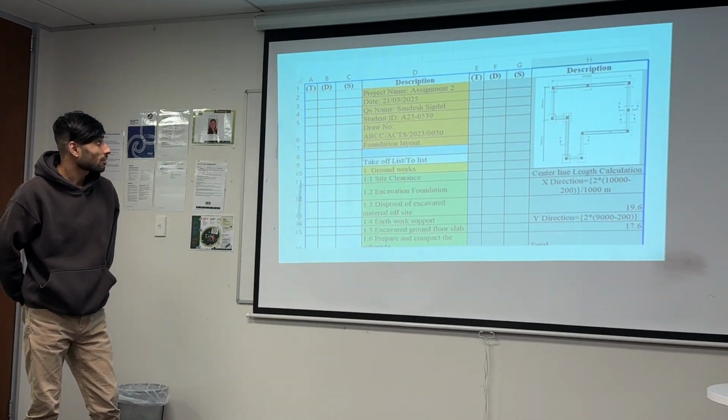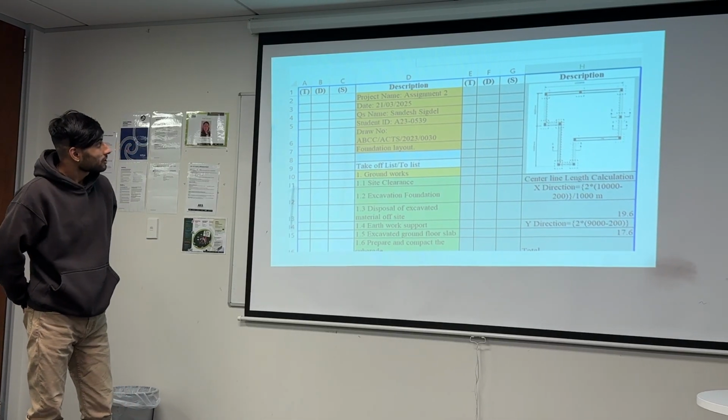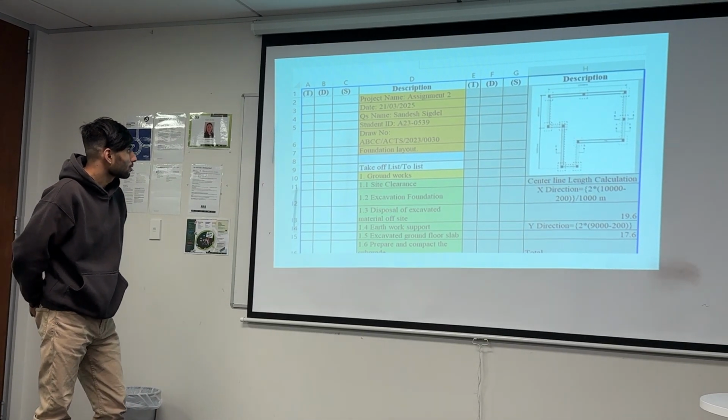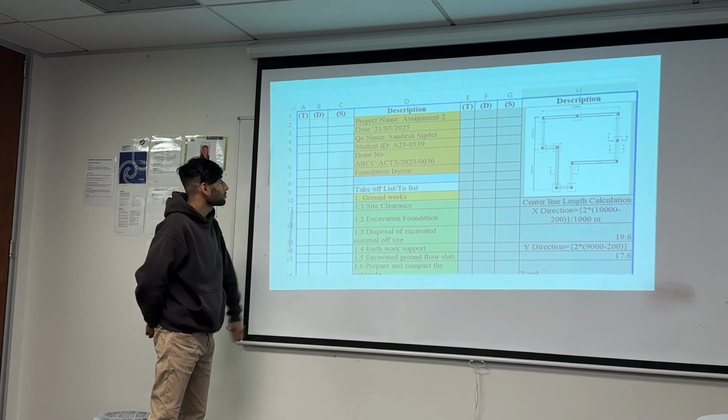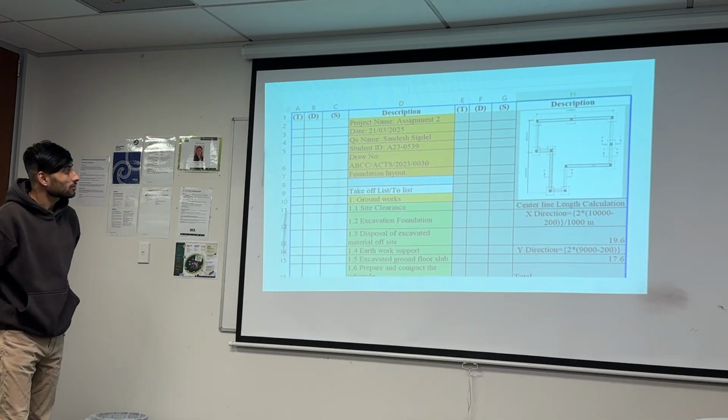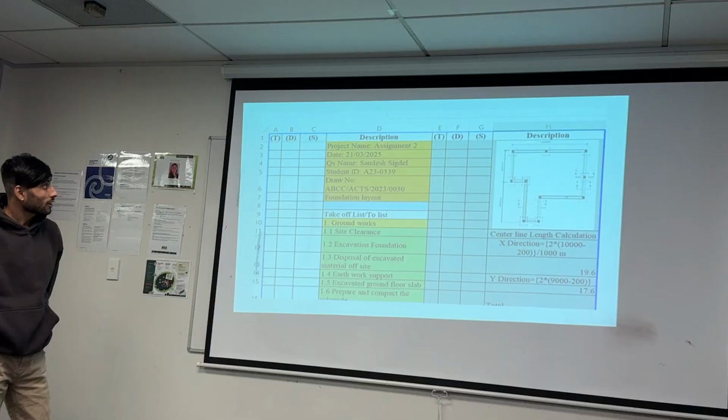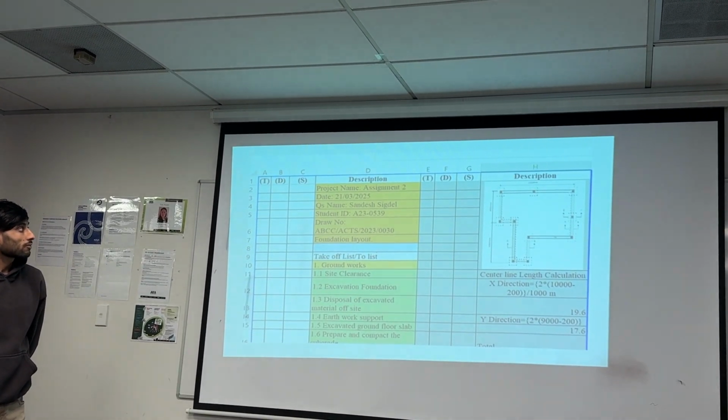Here is the example of that spreadsheet. First we need to set up one for timing, second one dimension, third one for the squaring, and fourth one for the description.